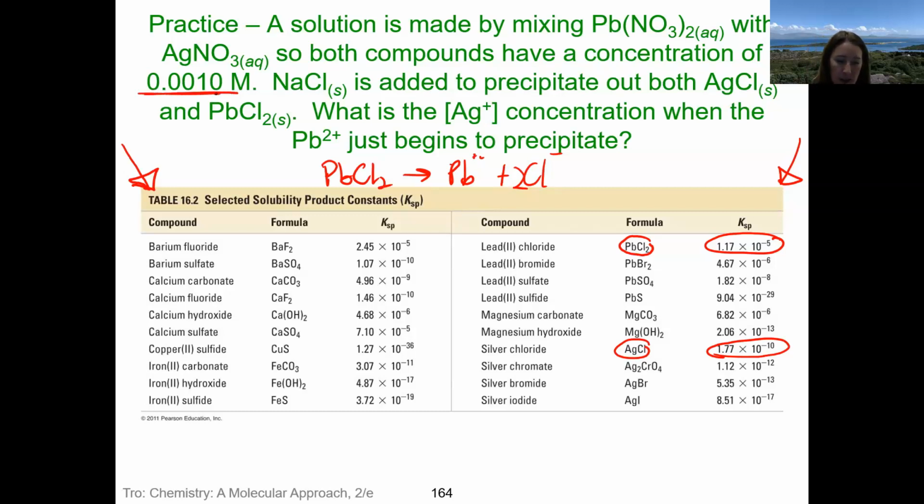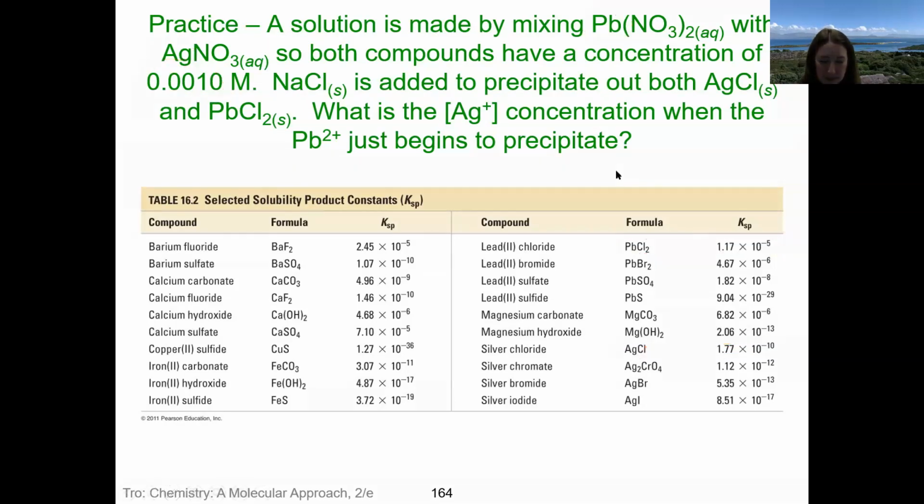Both compounds have this concentration. So lead nitrate is 0.001, and silver nitrate is 0.001. So basically lead and silver are both 0.001 molar. It's basically what they're saying to us.